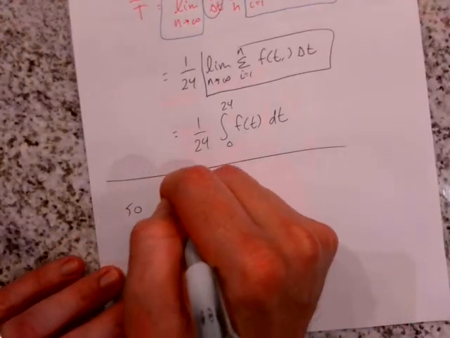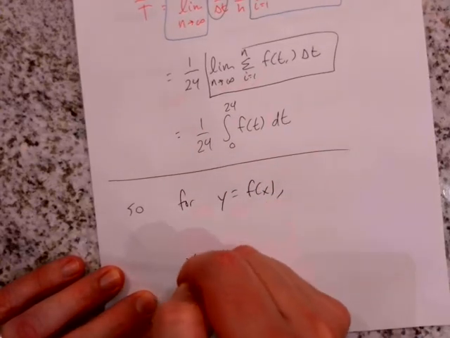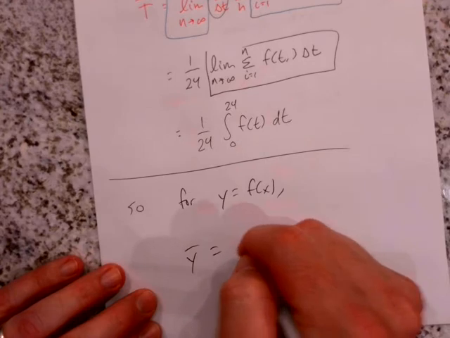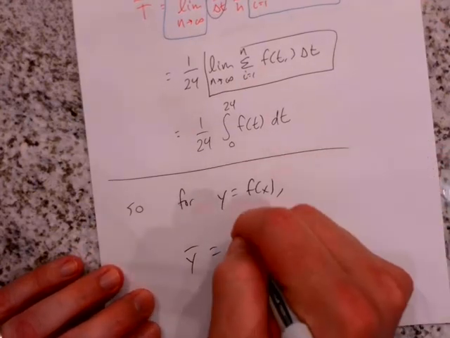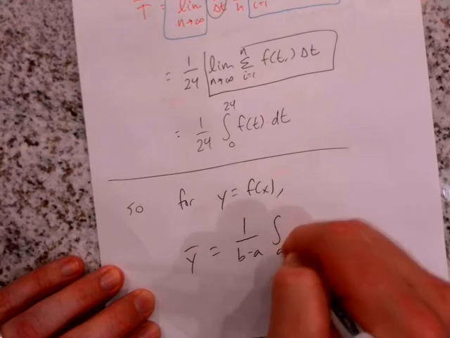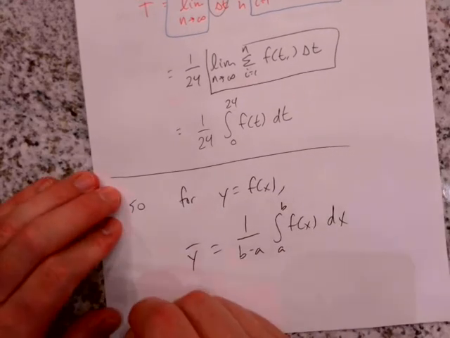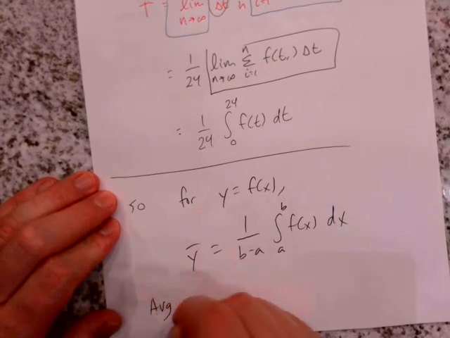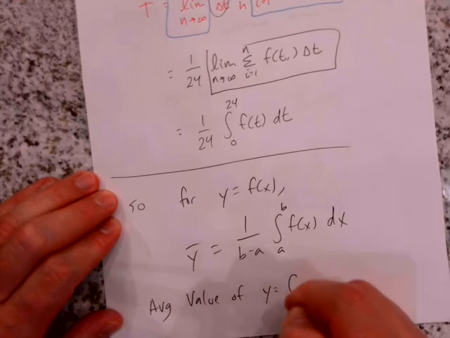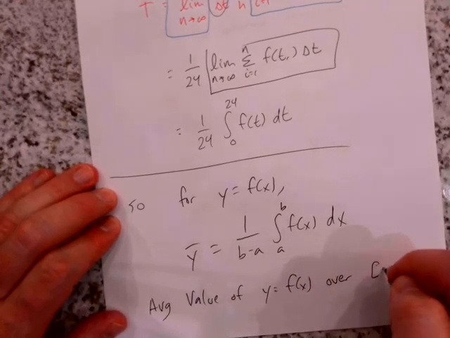So, for some function y equals f of x, the average value of y is this expression right here. This is the average value of y equals f of x over the interval a to b.